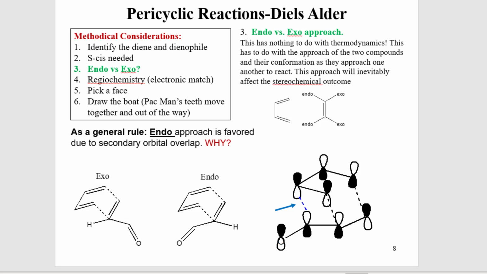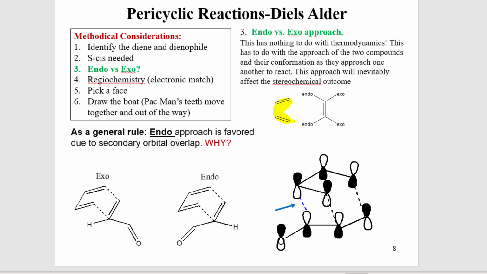Well, what you're going to see is that the mouth of the diene, which I like to call Pac-Man, wants to chomp on the appendage. That's my way of thinking about it. I'll explain why. But if you've got an appendage, like a carbonyl that's electron withdrawing, I've got it configured in the boat transition state down below here.